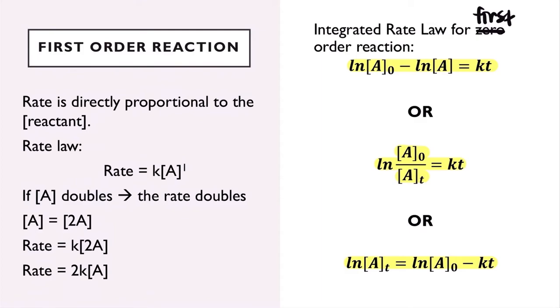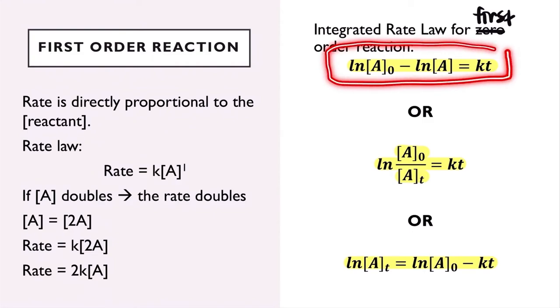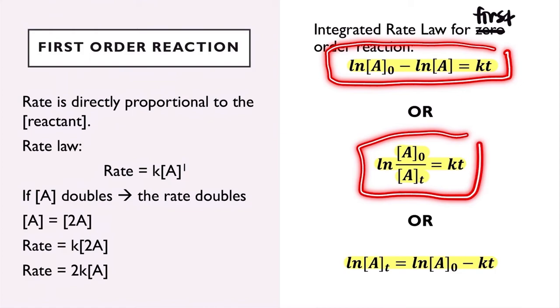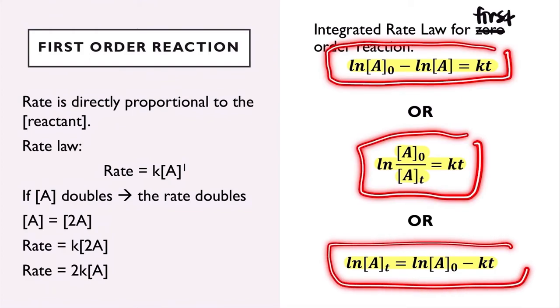But the integrated rate law for first order, dia ada ln. Alright? Dia ada ln. So there are 3 integrated rate laws that you can use for first order reaction.